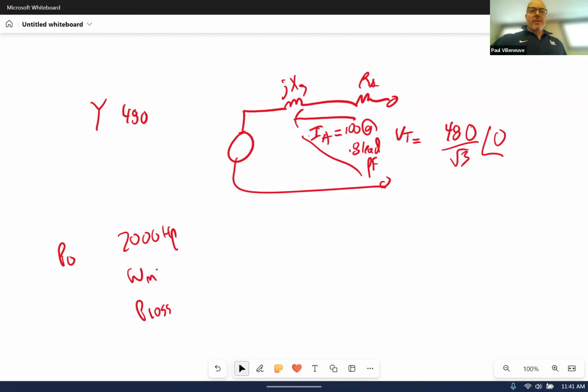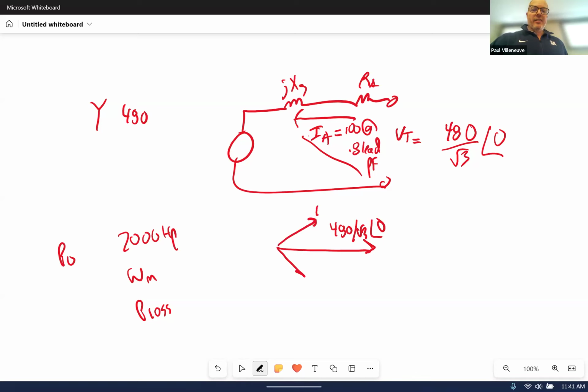So now I can draw my power triangle. Actually, I guess I don't need to draw my power triangle. So I know this is VT, 480 divided by the square root of 3 at an angle of 0. The current over here, whoops, this is a leading.